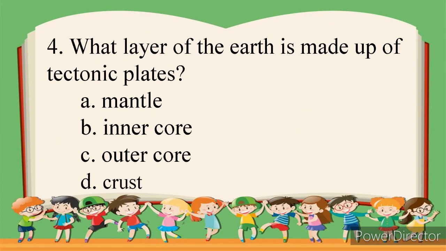For number 4, what layer of the earth is made up of tectonic plates? A. Mantle, B. Inner core, C. Outer core, or D. Crust. What could be the answer? Kindly write down in your science journal.